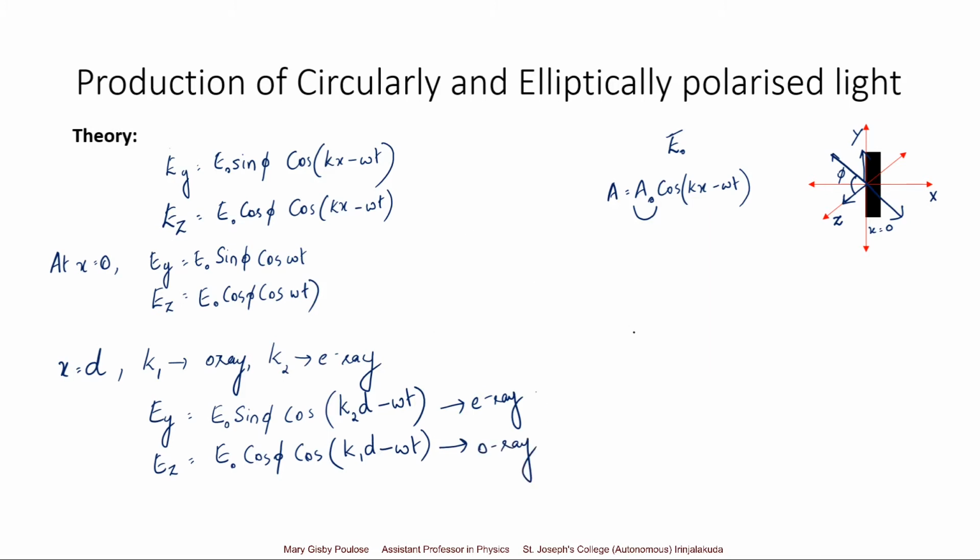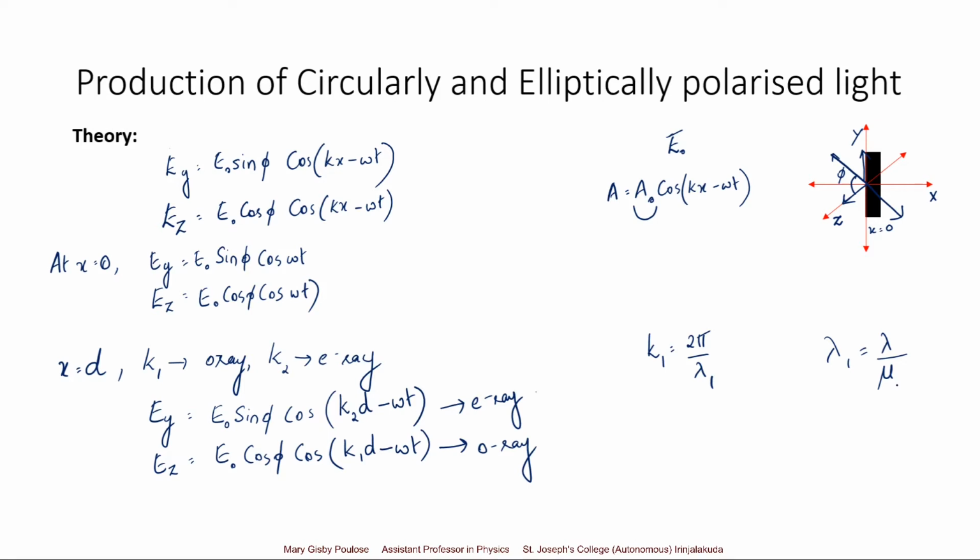Here we are going to use some substitutions. We have the propagation vector k equal to 2 pi by lambda. Hence, k1 is equal to 2 pi by lambda 1. Now, lambda 1 can be substituted by lambda by the refractive index of that medium.